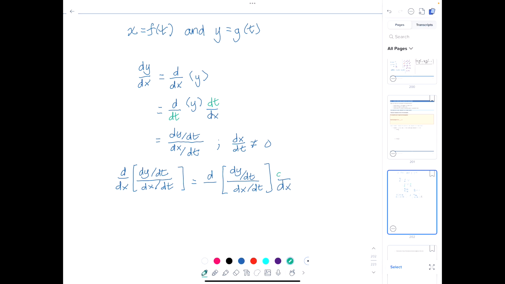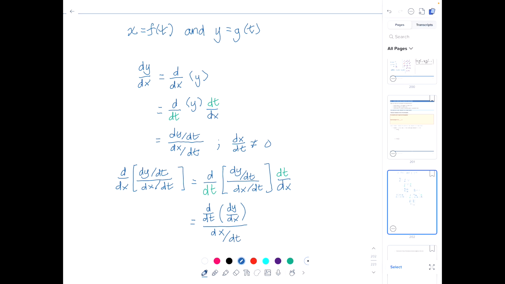And now, if you rewrite this, it's very similar to the last one. Again, we're going to multiply by 1 in the form of dt over dt. So then we'll get d dt, and now we'll switch this back to dy dx, and then divided by the reciprocal of dt dx, which is dx dt.